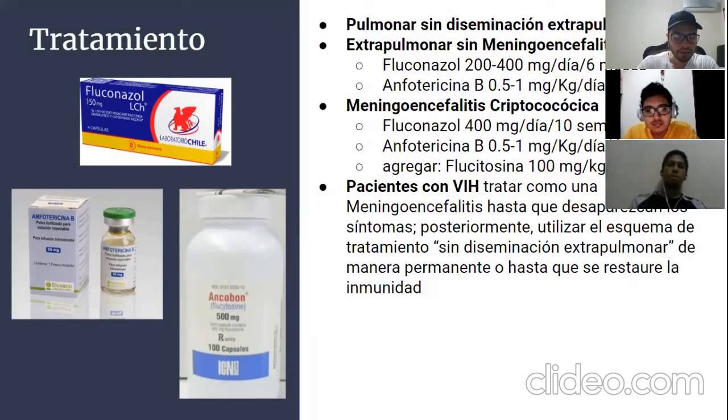In HIV patients who present symptoms, the same treatment used for meningoencephalitis should be followed. Once the symptoms disappear, the treatment used for infection without extrapulmonary dissemination should be followed permanently or until the patient's immunity is restored.